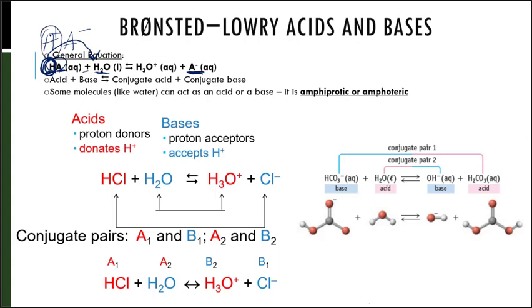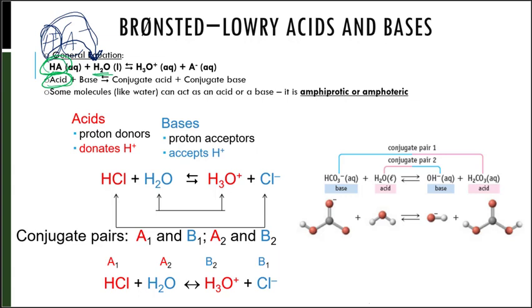But when that H is donated, then I'm left with A-, and that H2O just gained that H+ to become H3O+. Now we know that because this is our acid, we know that because it starts with H, so that's our acid. That means that water in this case is acting as a base.